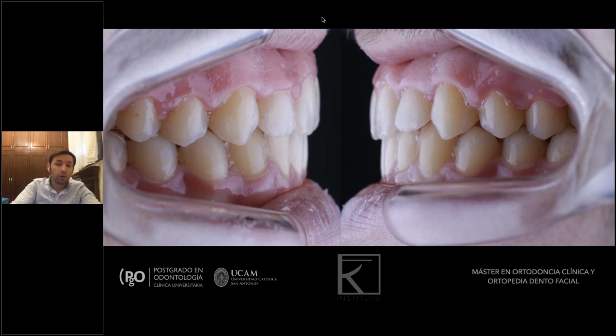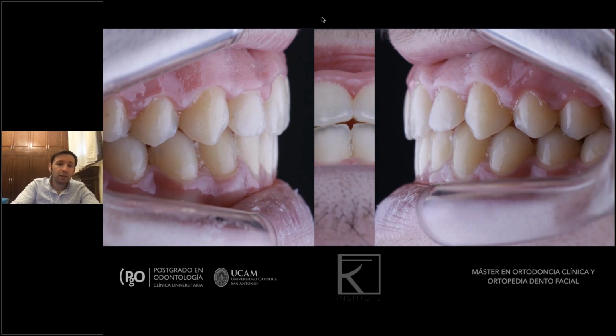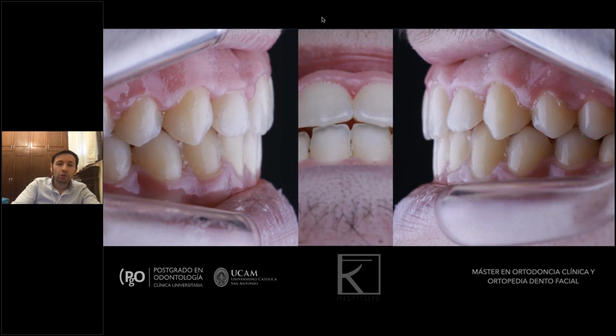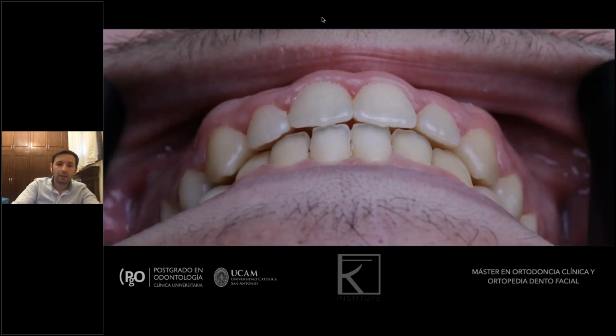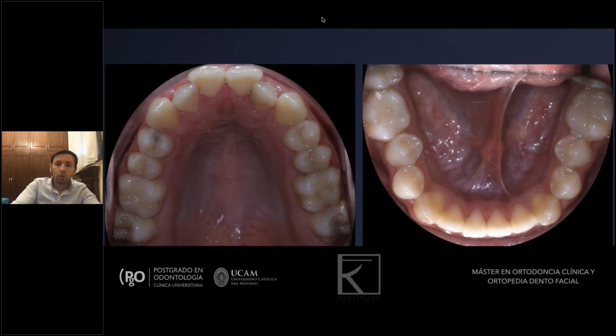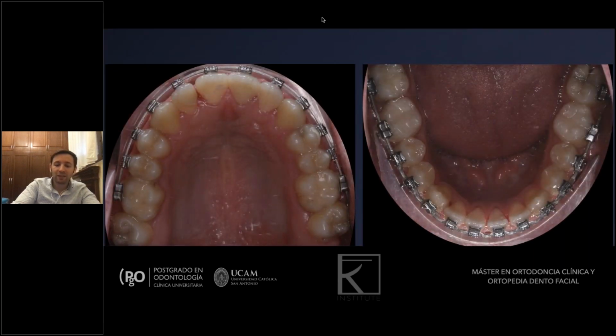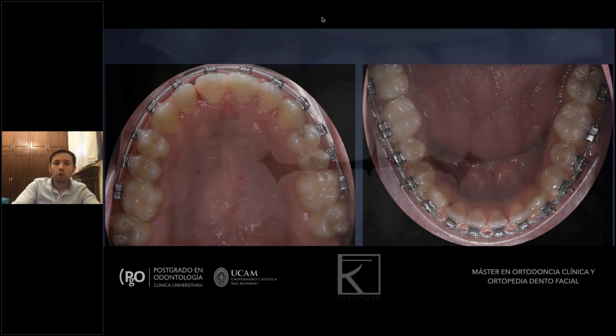I don't know if the patient in maybe 10 years can lose the incisor position, the incisor overbite. Okay, but I'm completely sure that he's not going to have a transversal problem. Why? Because I improved the basal.